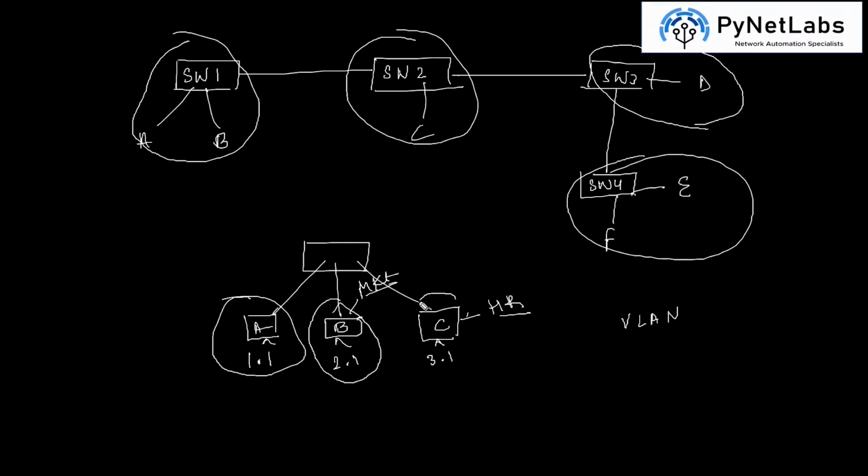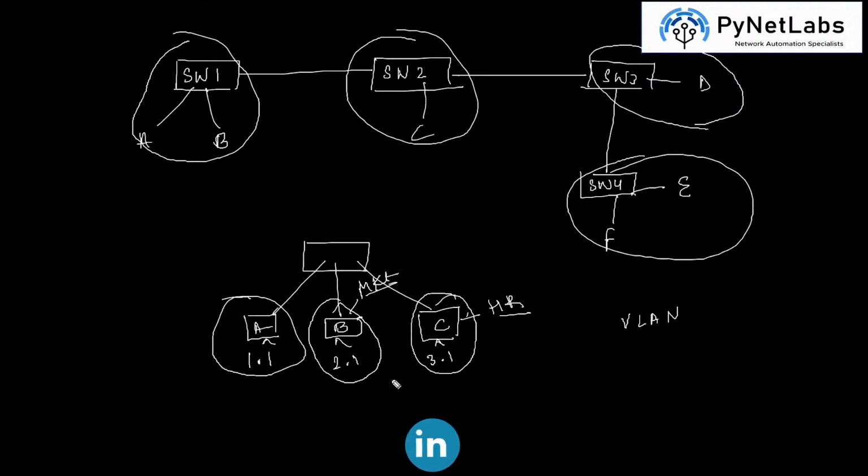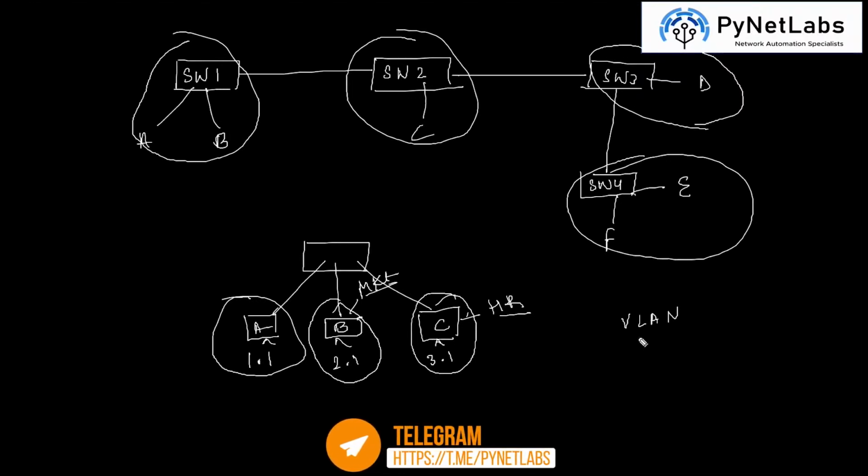Now they will not be able to communicate since they are in different networks, right? So what is the use of VLAN when we can use such networks, or we can do subnetting? Then why are we using VLAN here?